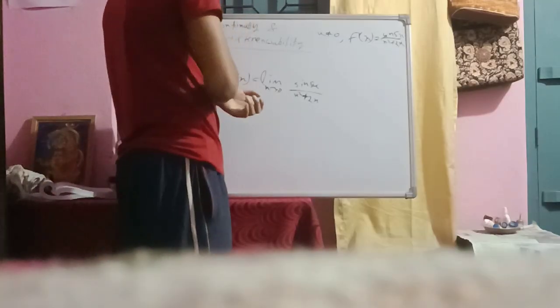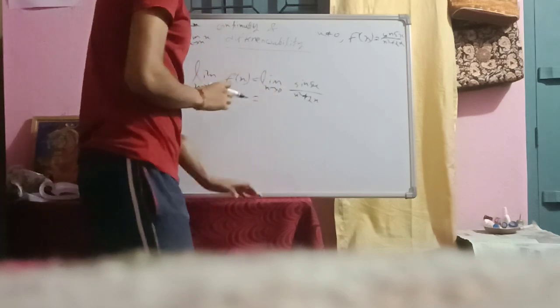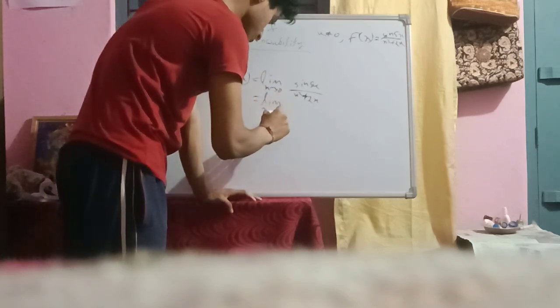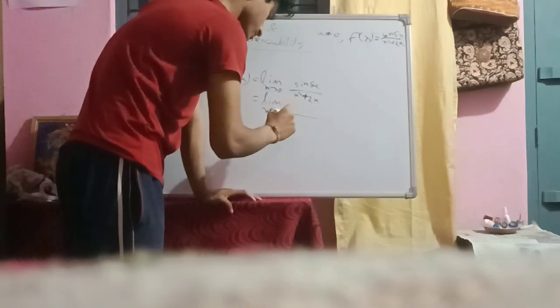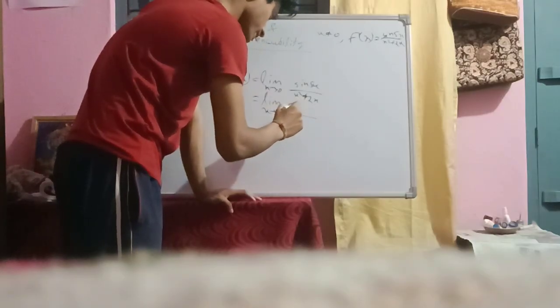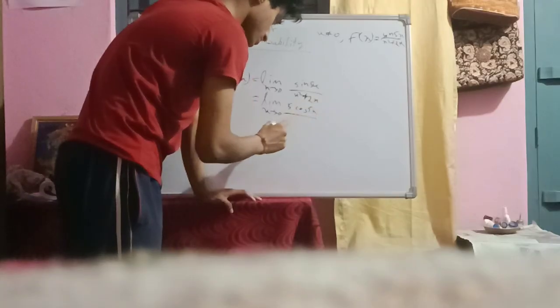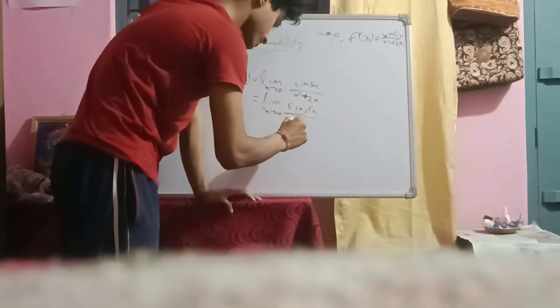Using L'Hopital's rule, we take the derivatives of both the numerator and the denominator. This will become 5 times cos 5x over 2x plus 2.